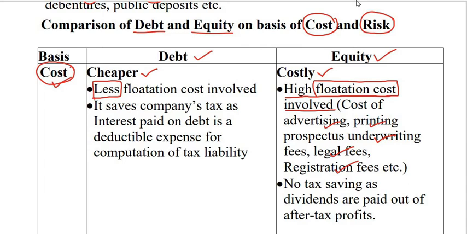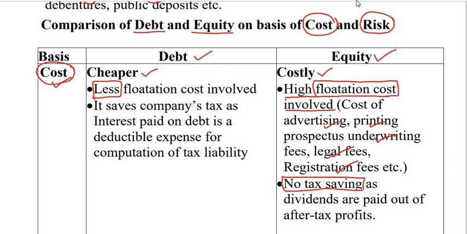Second reason is on equity, there is no tax saving. When company issues equity shares, it does not save the tax of the company, and the reason is dividends are paid out of after tax profit. Means first you pay tax and then you pay dividend.